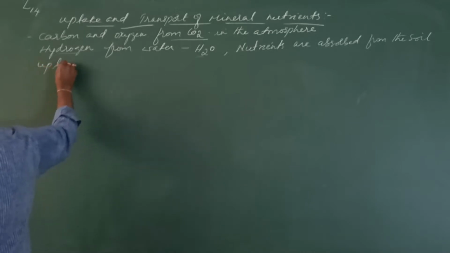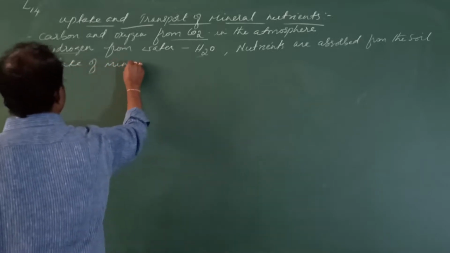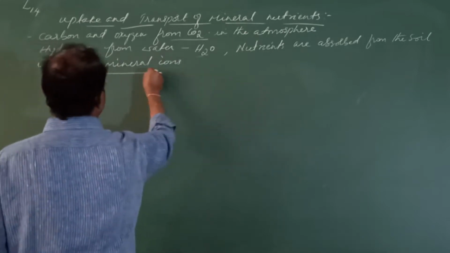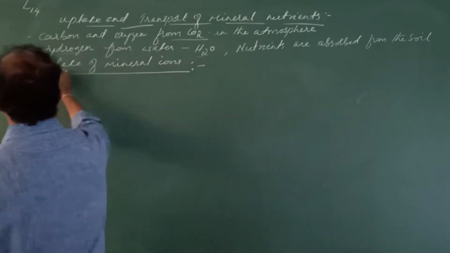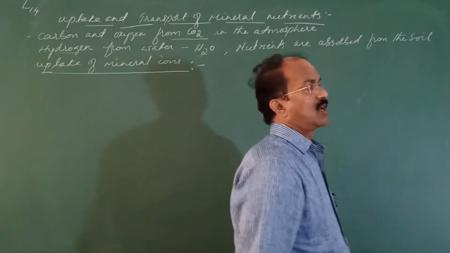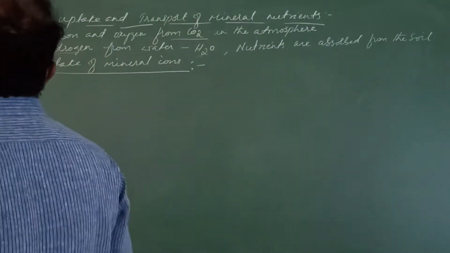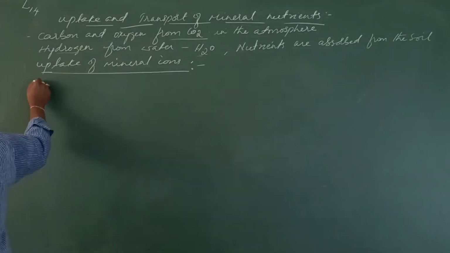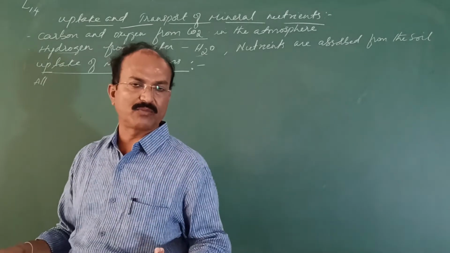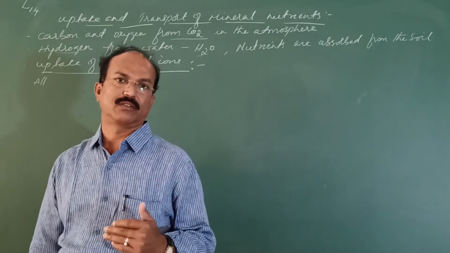Now let us discuss in brief the uptake of mineral ions. All mineral ions are either passively or actively absorbed. They cannot be absorbed simply passively. Sometimes active absorption also occurs.